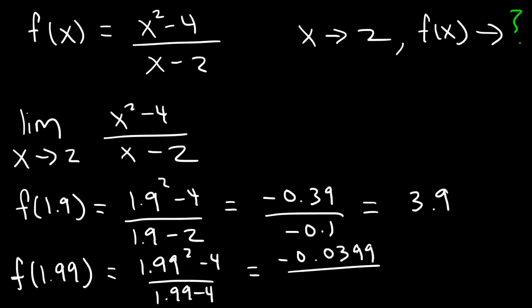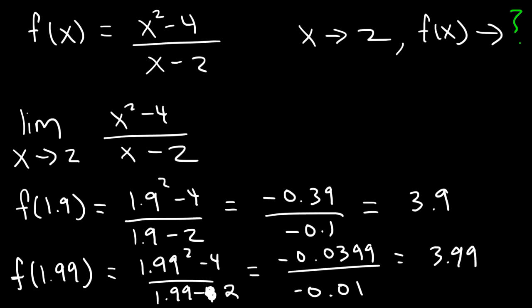And this is supposed to be a 2, by the way, not a 4. So let me just fix that. 1.99 minus 2, that's equal to negative 0.01. And so let's divide these two numbers. And this is equal to 3.99.